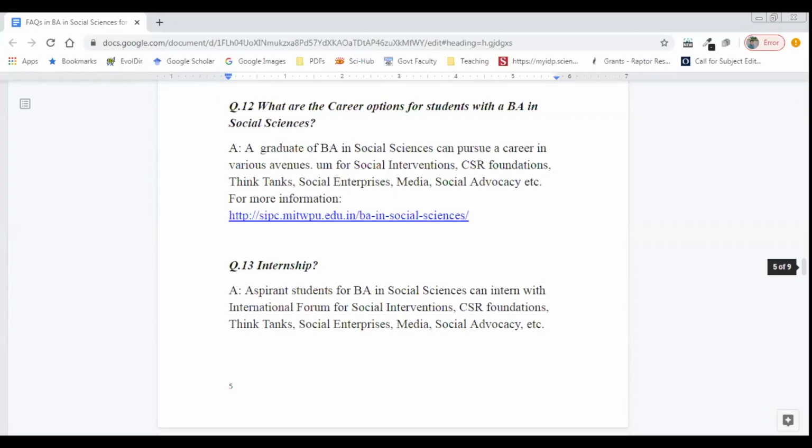Absolutely. So dear students, you can definitely get more information on this after you send in your admissions applications to us for this program. And we are talking about the BA in Social Sciences program at MIT World Peace University. Students, you can log into admissions.mitwpu.edu.in, and you will find this program, the BA in Social Sciences.